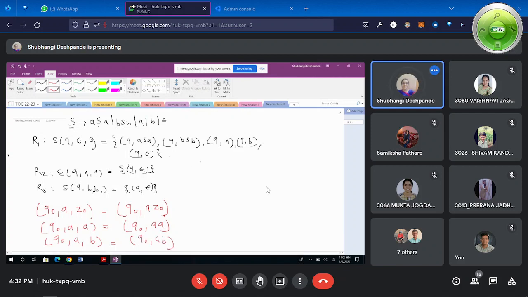The fourth rule. This is for A now. If first I am pushing B onto the stack, then Q0 B Z0. Then Q0 B B.